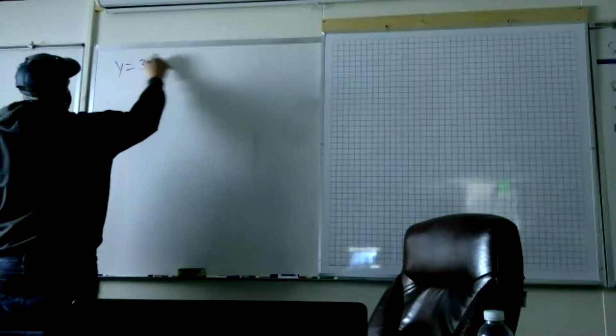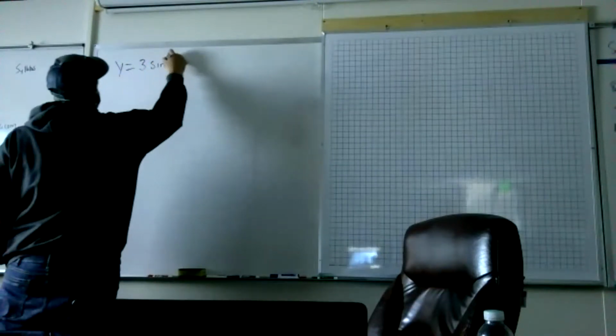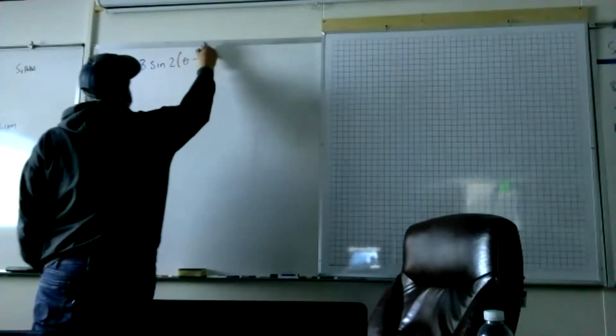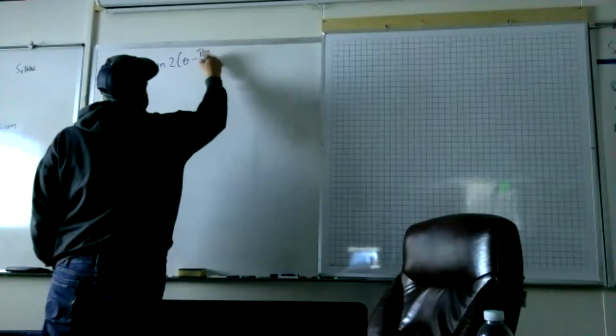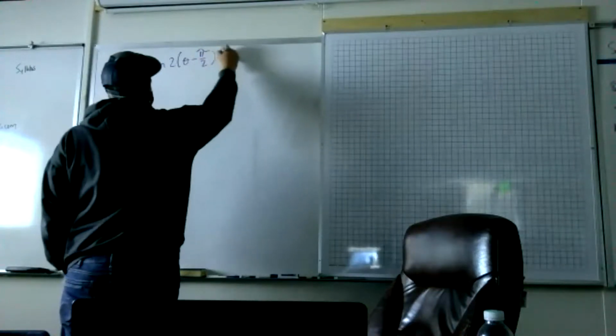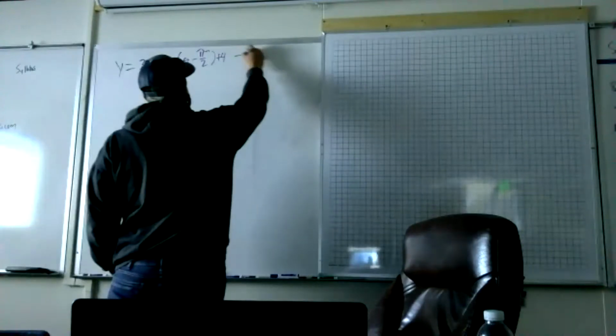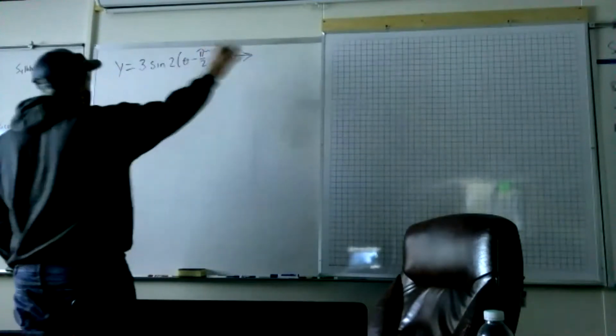Okay, so I'm writing up the original equation. y equals 3 sine of 2 theta minus pi halves plus 4. And then, like I said, I'm distributing this to the inside.